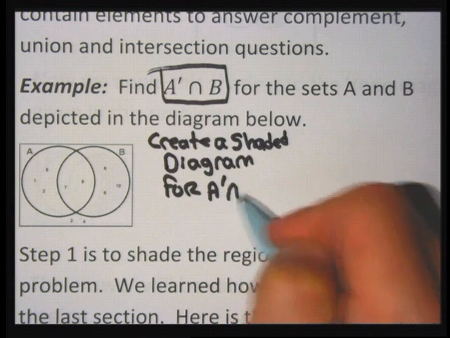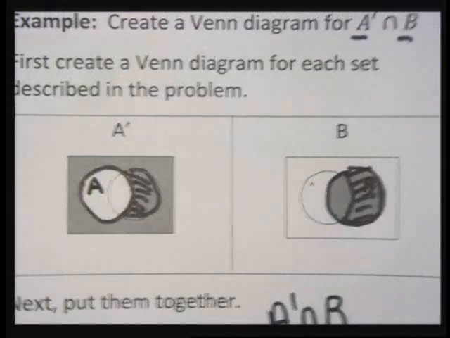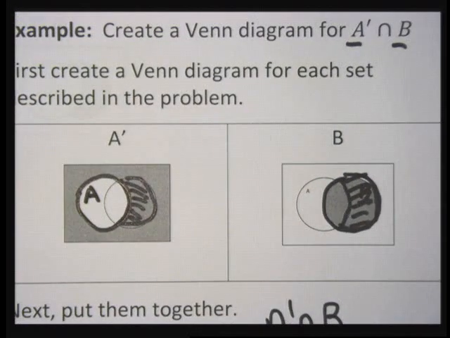A prime intersection B. If I had to guess, somewhere in section 1.5 I've already created a diagram for A prime intersection B, and this is why I keep referring to my homework or my lecture from last time, because the sections really do kind of blend together.